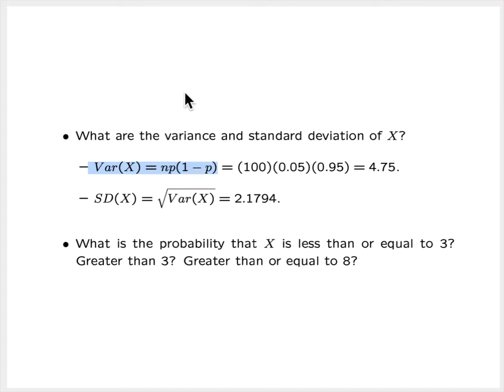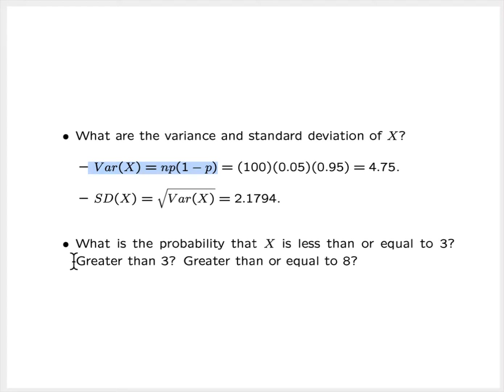And so in this case, that would be 4.75. The standard deviation of X is therefore the square root of 4.75, which to 4 decimal places is 2.1794.